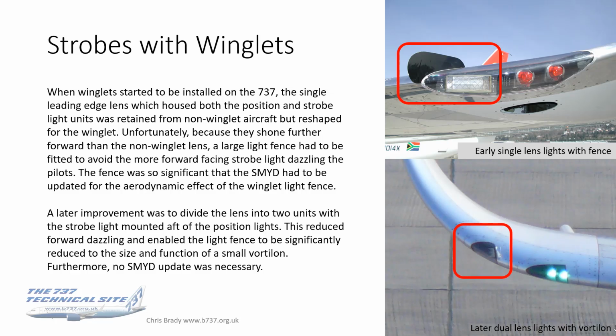But basically it's the size of a small vortilon. And with that, no SMID update is necessary, because the aerodynamic effect is so insignificant. So that was done, and most of the aircraft you'll see will have these dual lens lights. But if you ever fly any early ones, you might still see the single lens lights there.